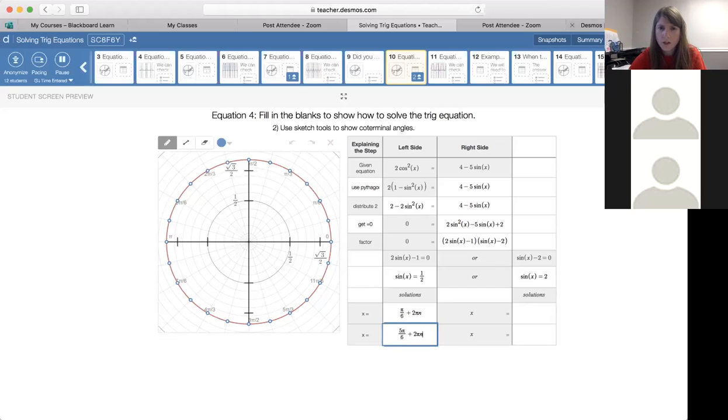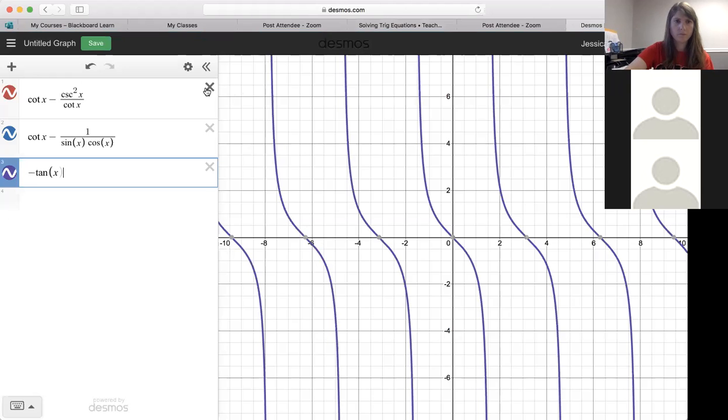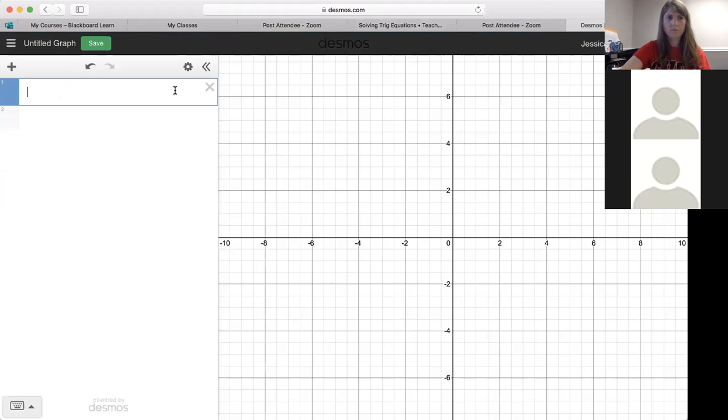But what I'm going to do to check it is just open up a blank Desmos page. And I'm going to jot down my original problem really quickly so I don't lose it. So I'm going to put in 2 cosine squared x equals 4 minus 5 sine x into the original calculator, in other words, before we started any cleanup.